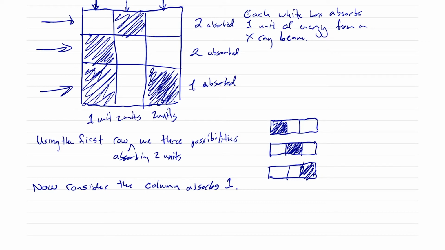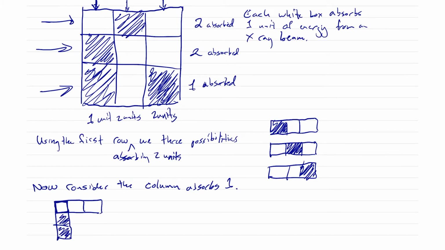So we're going to try to use the fact that the first column absorbs 1 to reduce the number of possibilities. So let's see. We could have that the absorbing white block was here, and then these 2 would be blank.